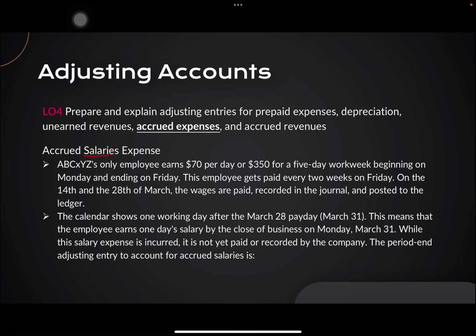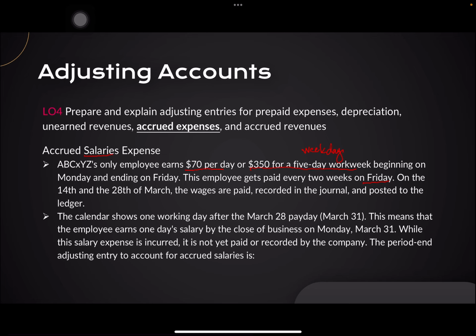Assume that we are ABCXYZ company, and our employee earns $70 per day, or $350 for a 5-day work week, beginning on Monday and ending on Friday. So we are on weekday operations. And our employees get paid every 2 weeks on a Friday. So we pay the salaries to our employees bi-weekly, and it is every Friday.